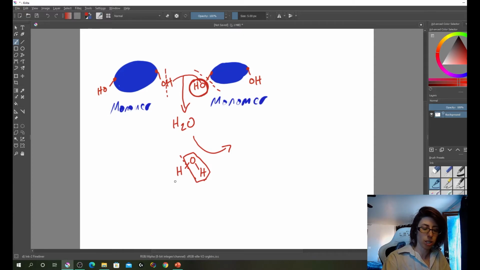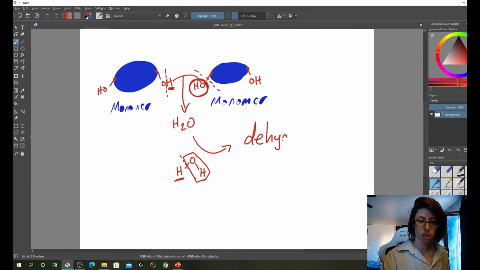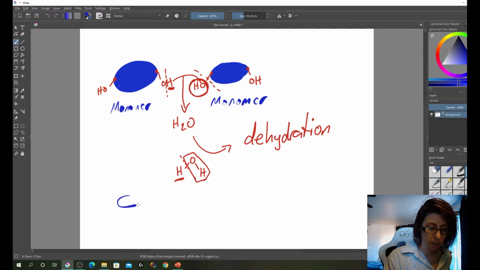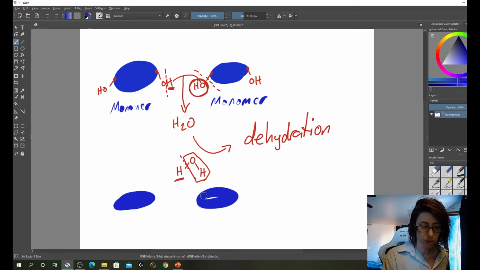And this hydrogen here came from here, okay? So where does that leave us? So water left, that's the dehydration piece. But the whole point of this is to join these two monomers into a dimer with two, and then to keep doing this over and over again, adding more and more through dehydration reactions until you get a polymer. So let's look at what's left now for our little monomers here.